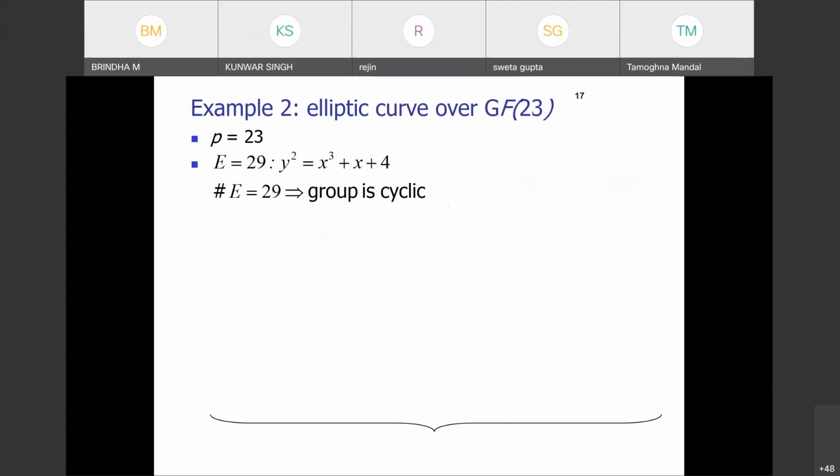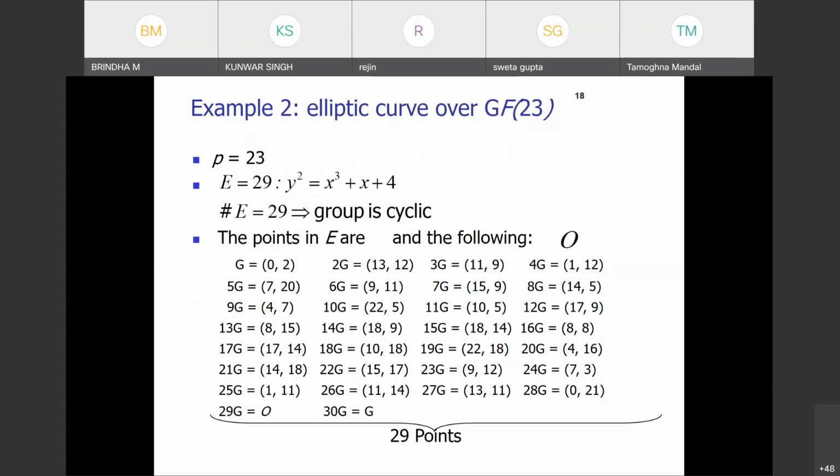You can see this makes a cyclic group. If you take the field of 23, p equal to 23, then these many points will be there. 30 points are coming, and it is cyclic. Why is it cyclic? The generator is (0, 2). If (0, 2) plus (0, 2) gives 2Z, then 3Z comes next.